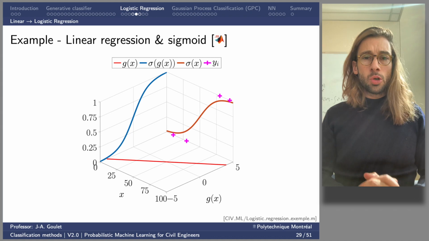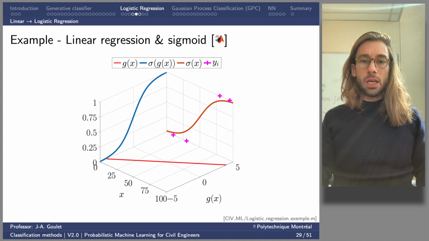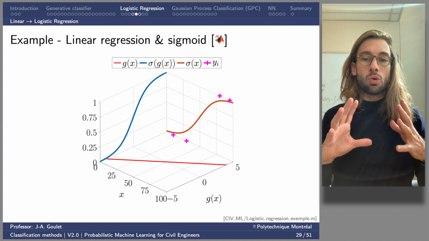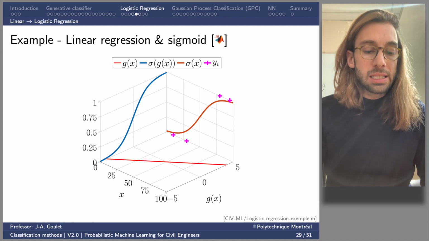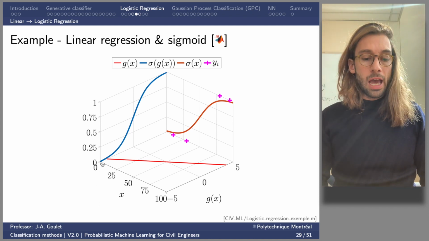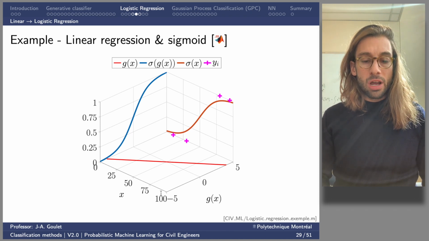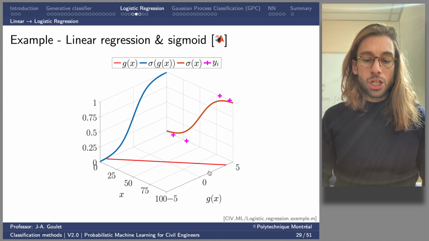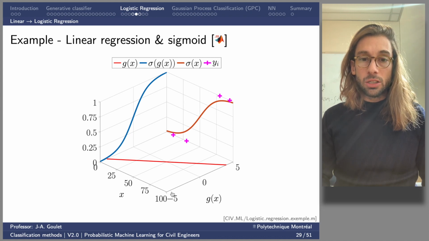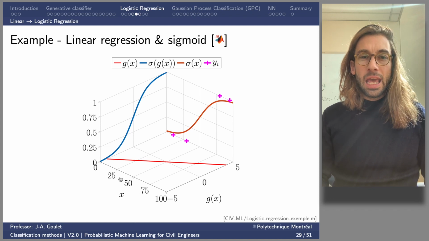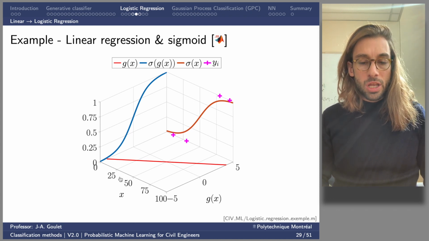Here we represent graphically the interaction between all these quantities. What I have here as x is my covariate, between 0 and 100. What I have here in that red line is g of x, my linear latent function as a function of my covariate. Imagine that we know that function.